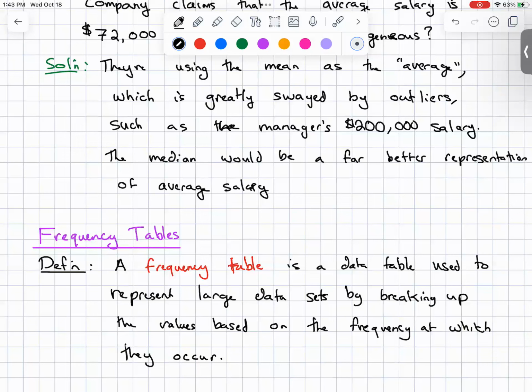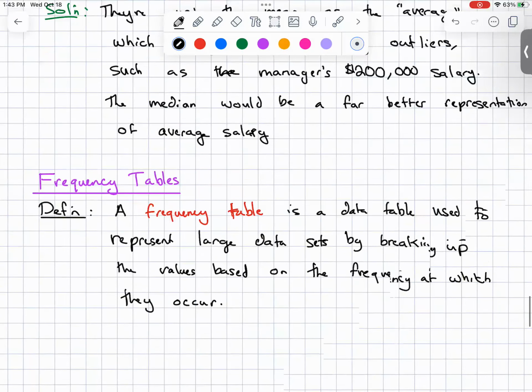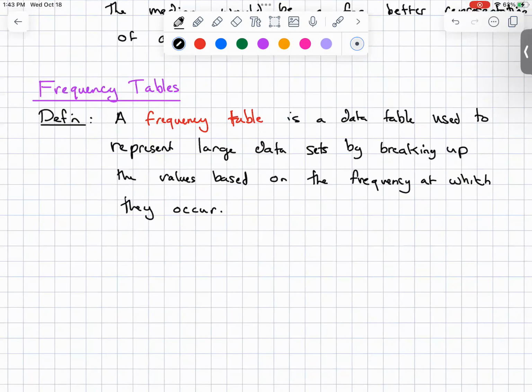So I'll show you an example of what a frequency table looks like versus its corresponding data set. So a frequency table right here, versus the corresponding data set. The frequency table is a 2-column chart.